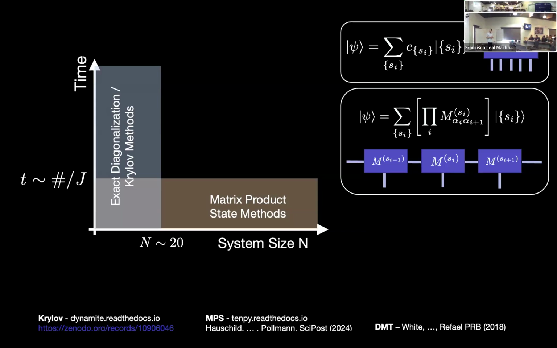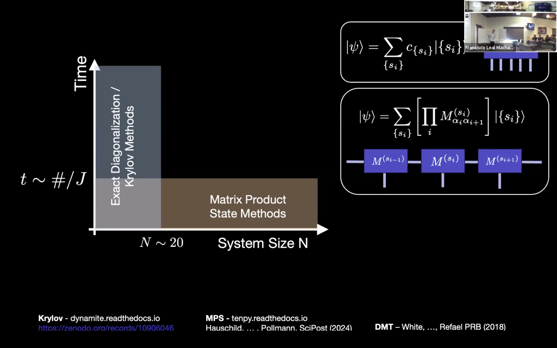So in general, there's this dichotomy in quantum mechanical simulations, where you have a trade-off between the system sizes that you can consider and the duration of the clock. So if you have systems that are small, usually 20 spin-1/2 is a good number to keep in mind, you have approaches that use exact diagonalization methods that take the entire information of the wave function and are able to perform computation.